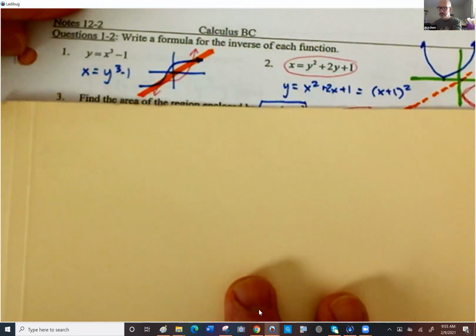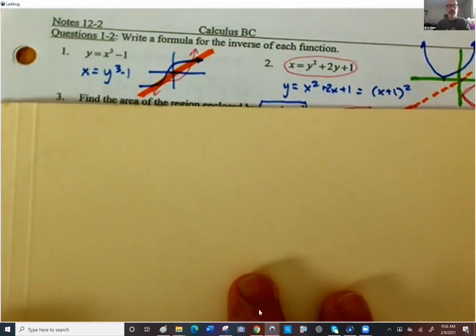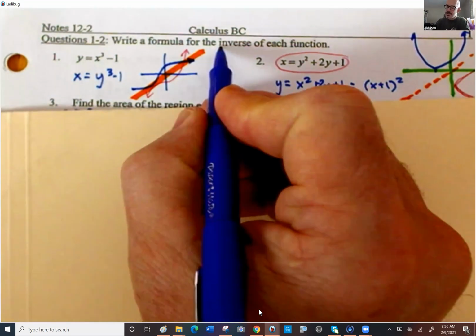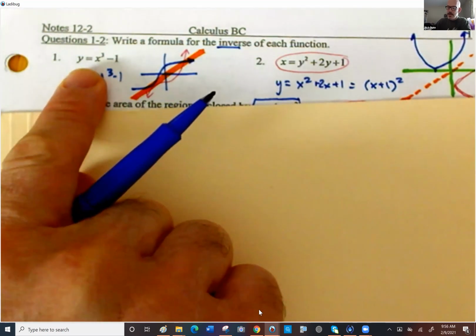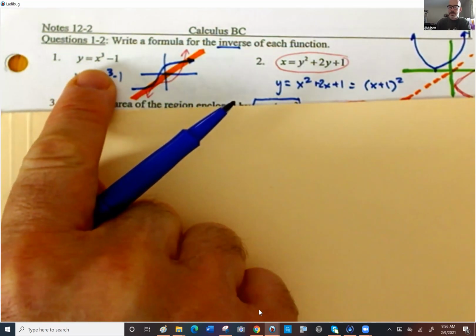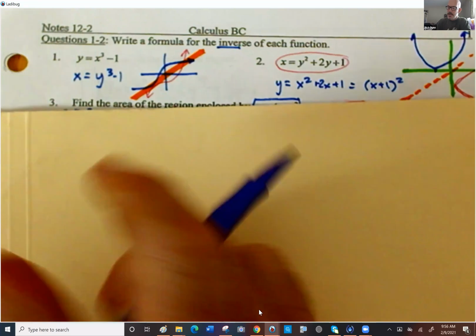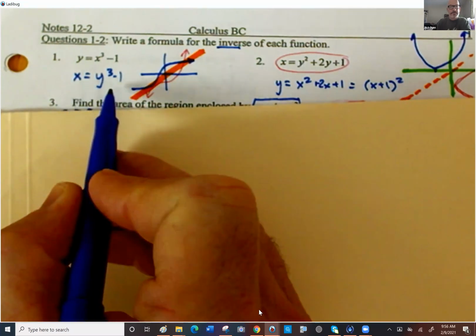So let's take a look at our first set of problems. And again, we're doing a little bit of algebra review about inverse functions. So first of all, we're given this equation, y equals x cubed minus 1. And to do the inverse, we just switch our x and y's around, and we have x equals y cubed minus 1.